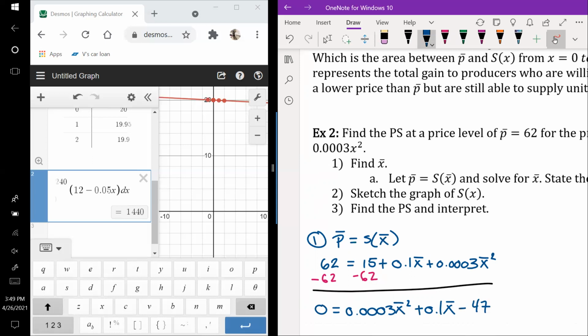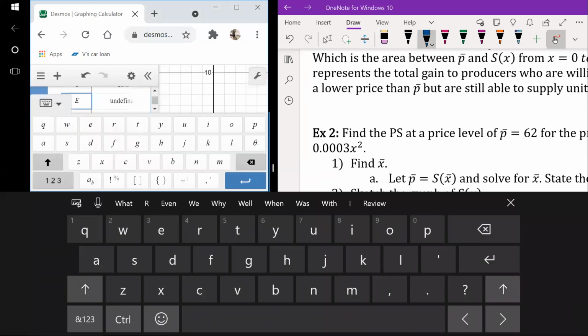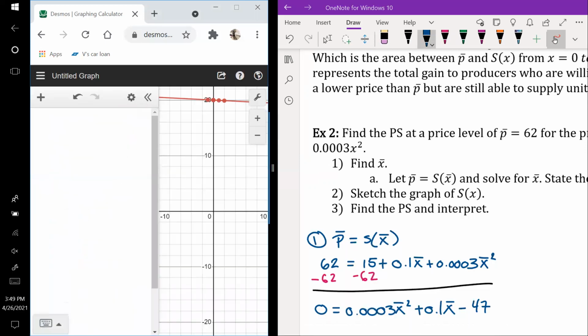There we go. Okay. And what we have is now a quadratic equation, which can be solved either by factoring, completing the square, or the quadratic formula, or can be solved by using Desmos. What do you guys want to see, Desmos or the quadratic formula?